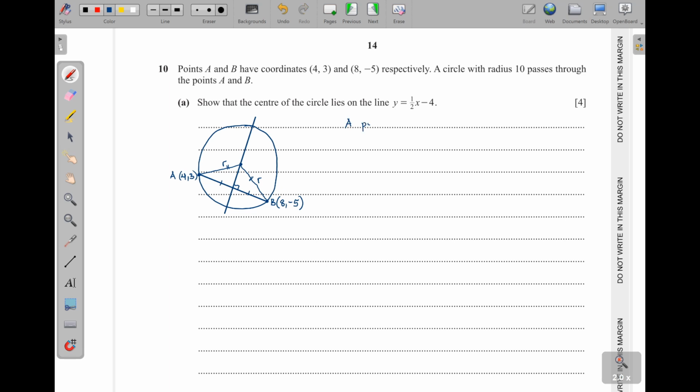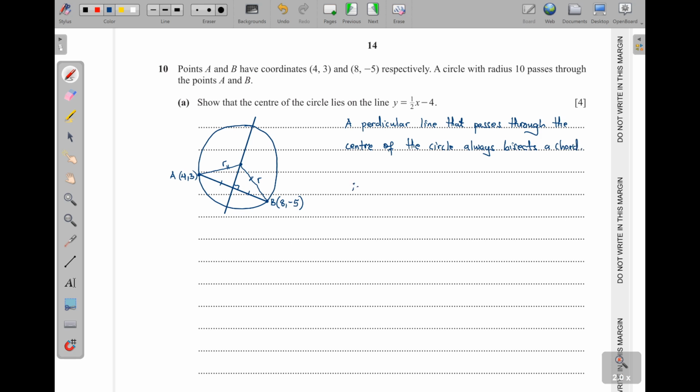A perpendicular line that passes through the center of the circle always bisects a chord.